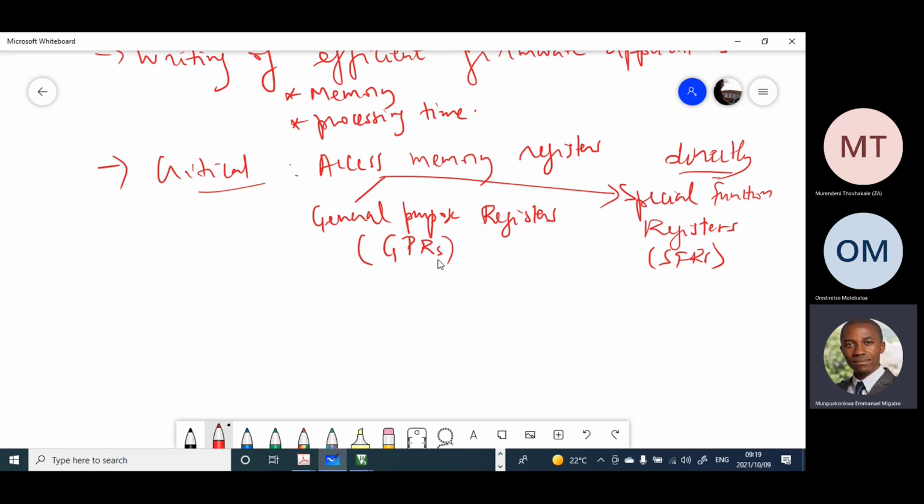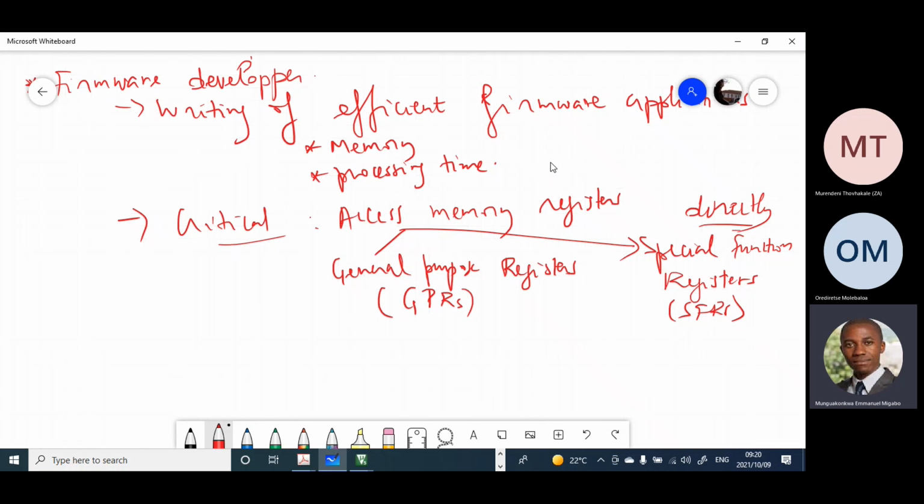You know all of that through the computer architecture. If you don't know the architecture of your microcontroller, you wouldn't know a specific register is only bit addressable and not byte addressable, for example. So that's one of the benefits that knowledge of the computer architecture brings to a firmware developer in particular. Okay.